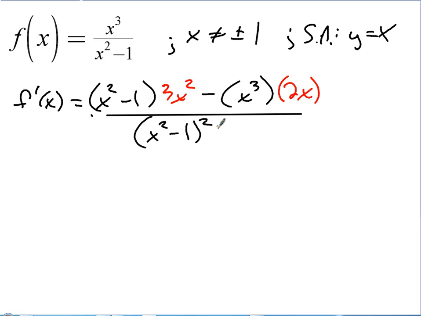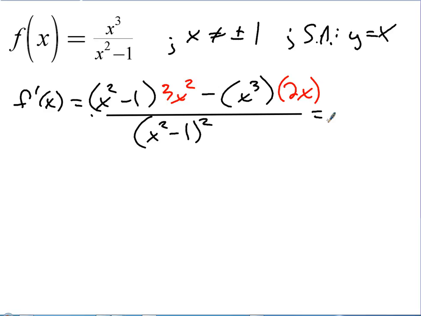Okay, and so let's see if we can just quickly, what's that going to simplify to if we just do this in your head? What are we going to get here? This is good practice doing this.